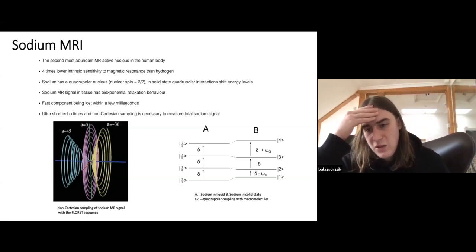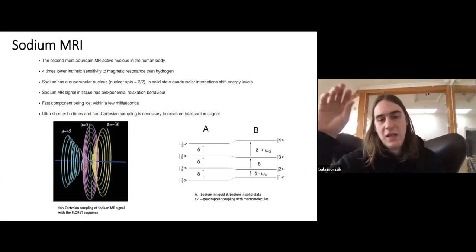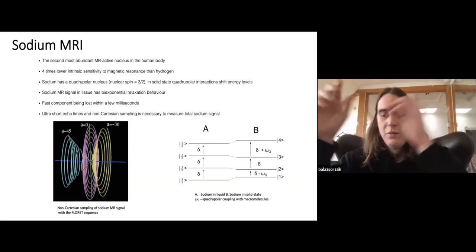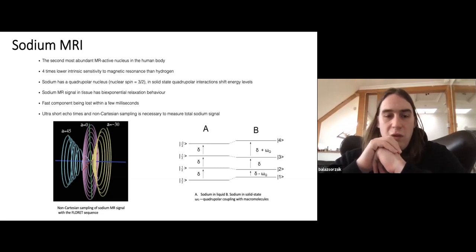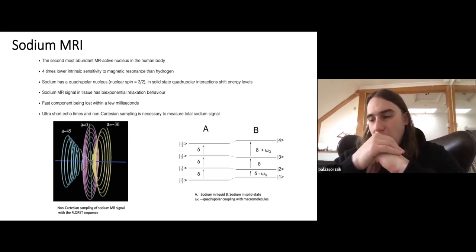So in tissue, the sodium nucleus has a bi-exponential relaxation time, and the fast component of this is lost within a few milliseconds. So historically, it was quite difficult to acquire reliable sodium images because almost all of the signal came from the CSF rather than from the tissue.